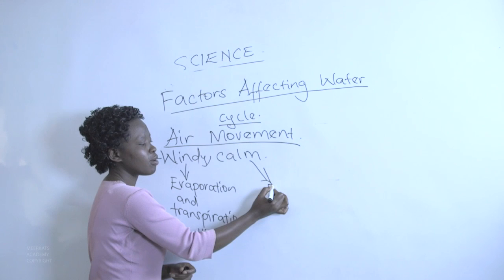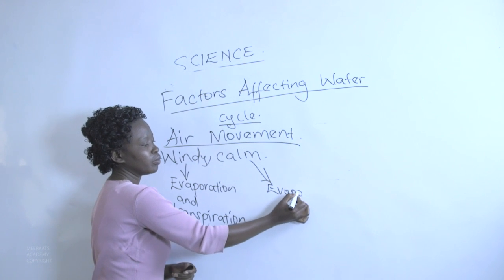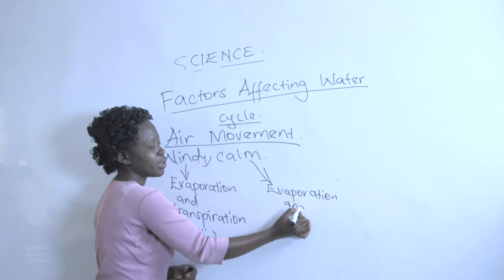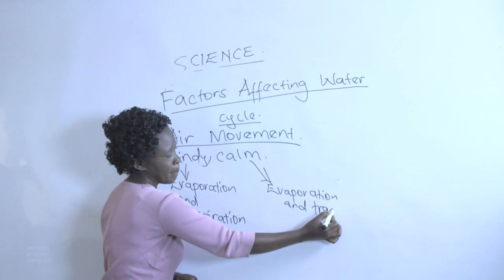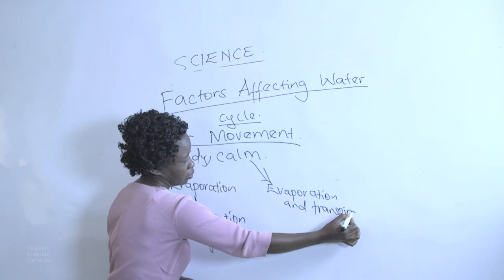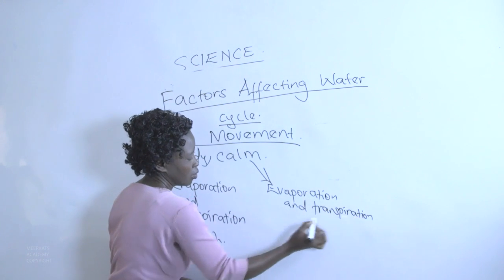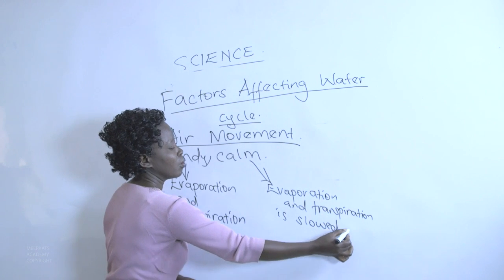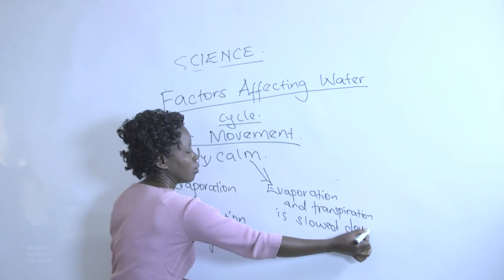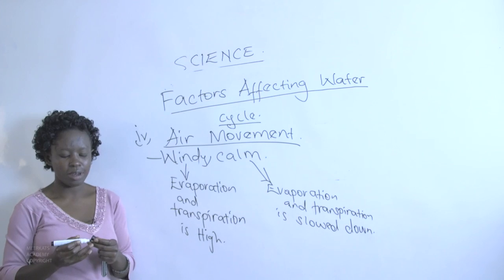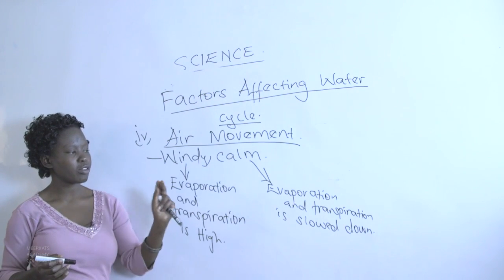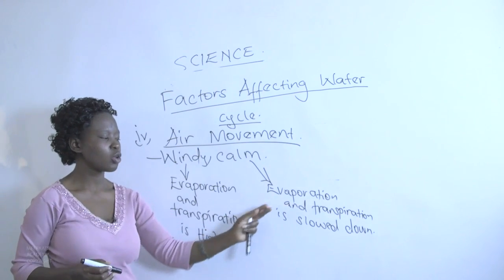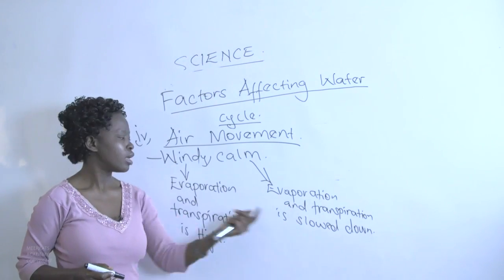So when we are having a calm atmosphere, the rate of evaporation and transpiration is slowed down.